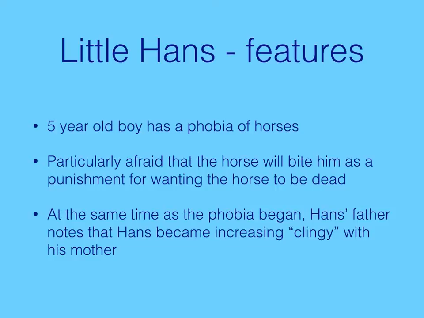Freud argued that this represented Hans' castration anxiety, which was part of the Oedipus complex. So we have a lot going on in that case study, and it's a good one to demonstrate key features in Freudian theory, such as the Oedipus complex and the role of defence mechanisms in phobias, with the displacement of the fear of the father onto the fear of the horse.